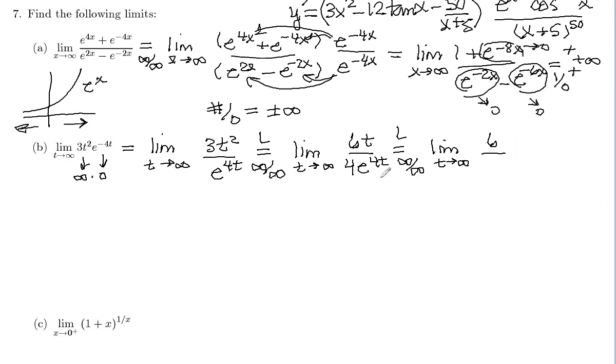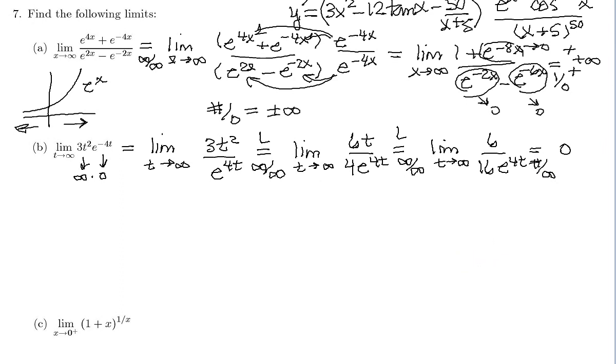And differentiate e to the 4t, you get e to the 4t times 4 times another 4 out in front. That's 16 e to the 4t. And now the top is a number, 6, and the bottom is approaching infinity. So number over infinity, that's going to 0. Top is fixed, bottom's getting bigger and bigger.